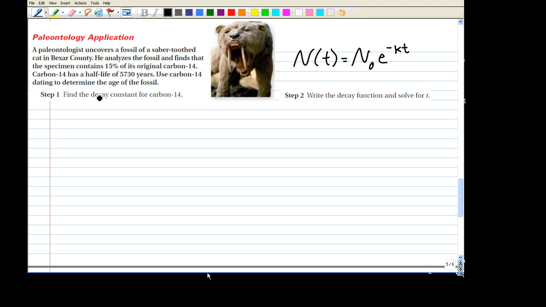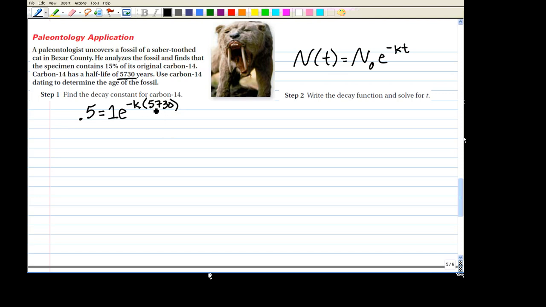Since we're looking at half-life, we're looking at how long it takes to get to half of what we used to have. So if we had 100%, here's 50%. Then we'll have E, we're looking for K, and the problem told us that the half-life was 5,730 years.